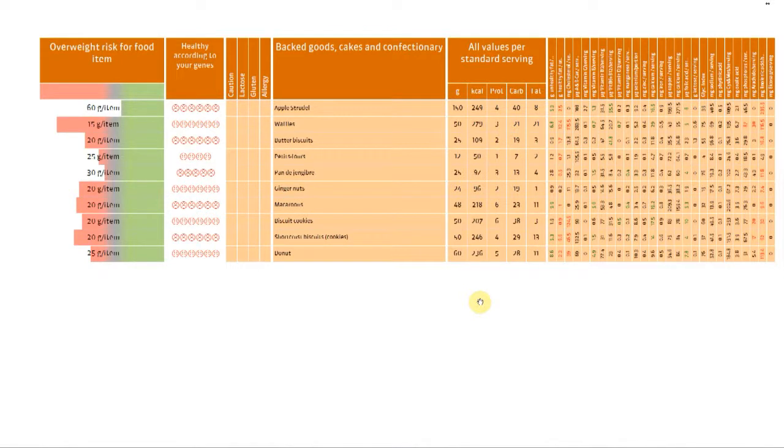It tells you eat more apple strudel and less waffles if you have the choice. Both taste maybe the same to you, then you can choose the ones that are better for your genes. Some people say, looking at these gram numbers is too complicated. They just say, I only eat things in the green area and I avoid the ones in red.